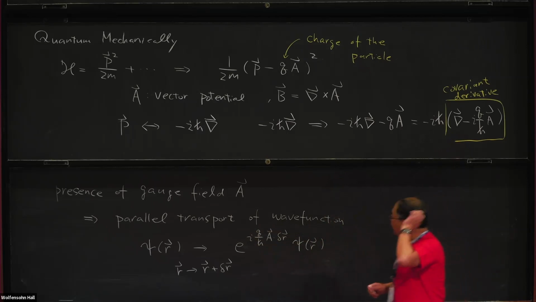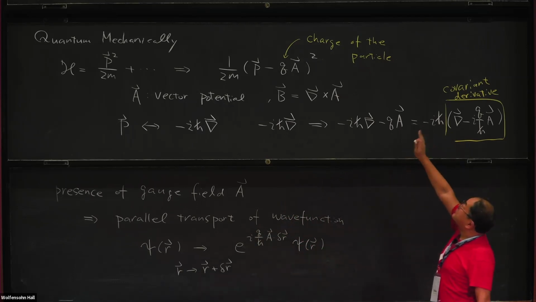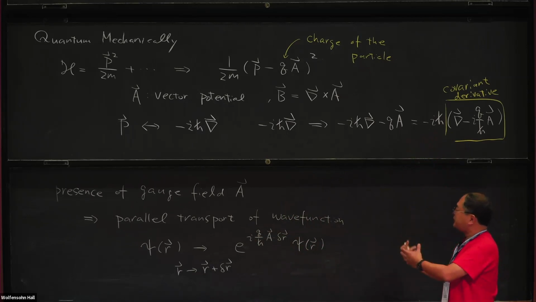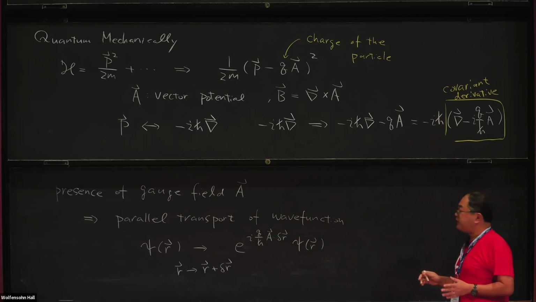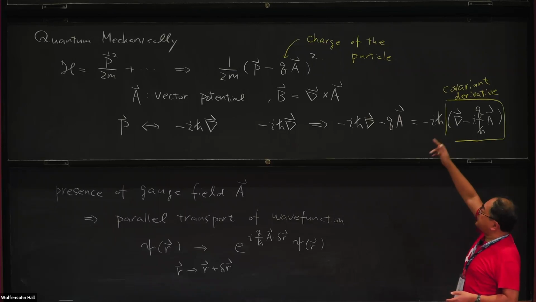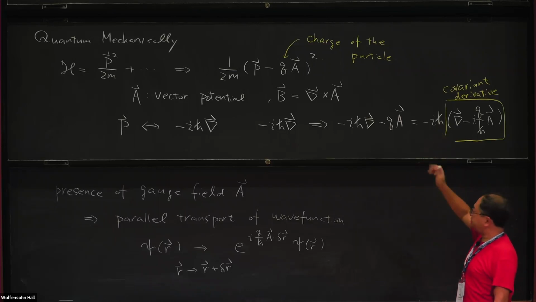So even for this magnetic flux completely confined in the hole of the system, which does not touch the particles directly, you need to introduce a vector potential to represent this magnetic flux.